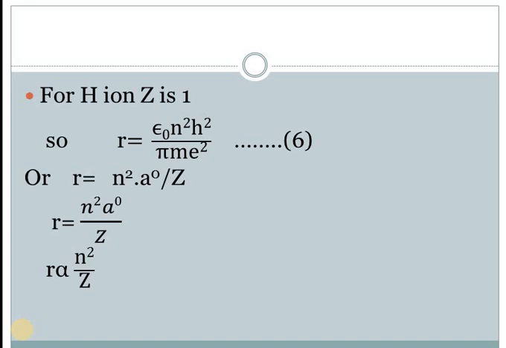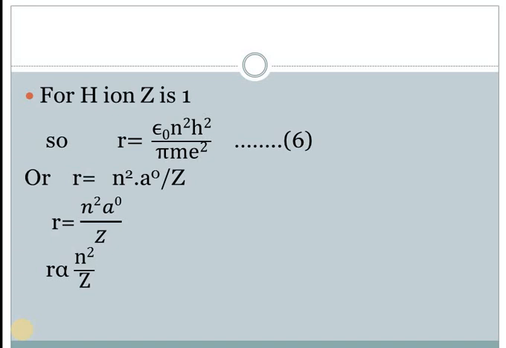Now all this except n square and Z are constant values, and these constants we have called a naught. We have taken all these as constants. So our r becomes equal to n square into a constant a naught by Z. Or you can say that r is equal to n square a naught by Z.